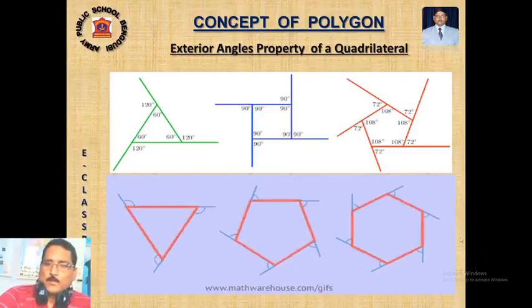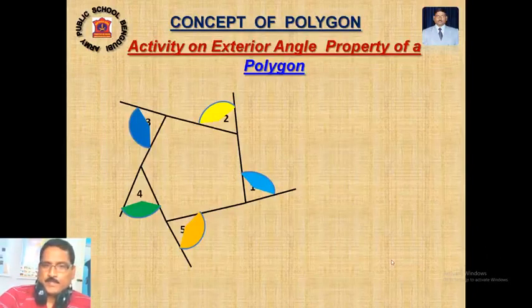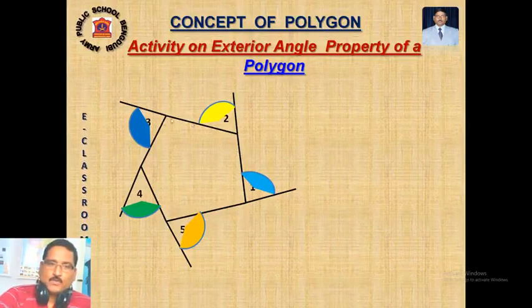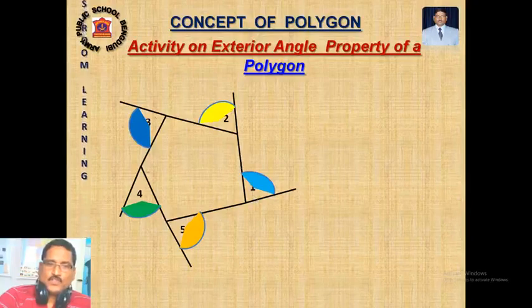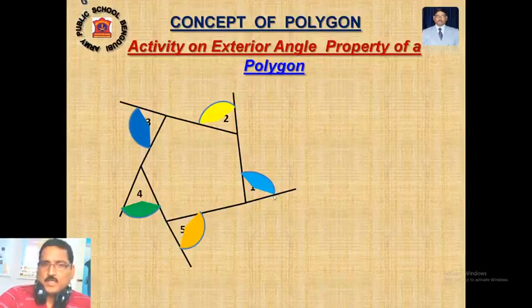Now I will perform an activity. Suppose I have drawn a pentagon with 5 sides, and marked the exterior angles 1, 2, 3, 4, 5 with some colors. Now I will cut one angle at a time and paste it at a point.